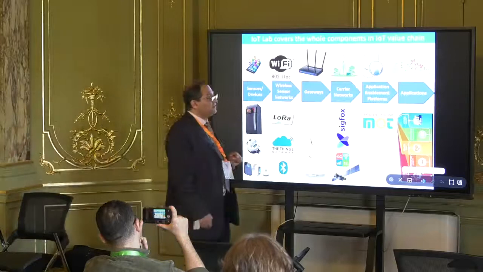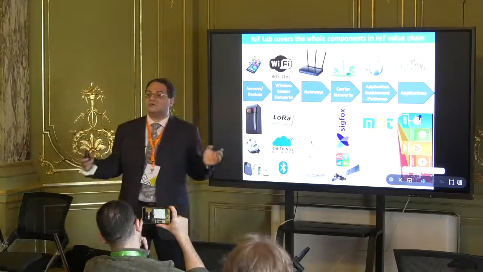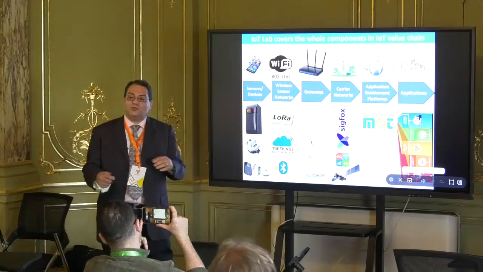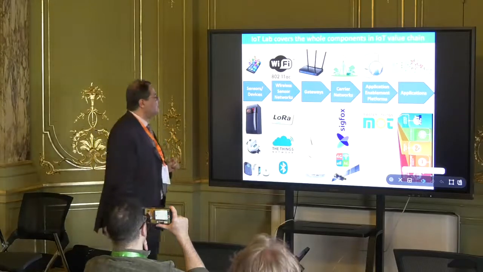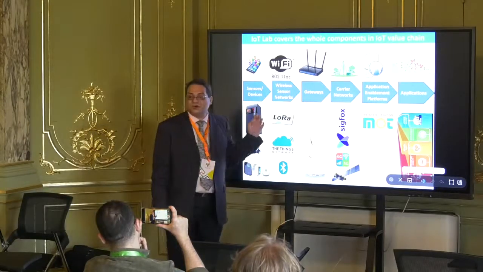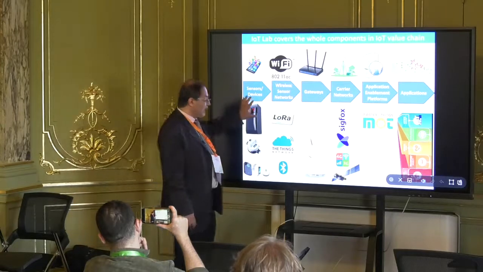Okay, so if we go now deeply into the content of the lab, what should an IoT lab have? To be able to provide the content for the lab, we should think first of the components required for an IoT solution. An IoT solution would consist of some IoT devices.